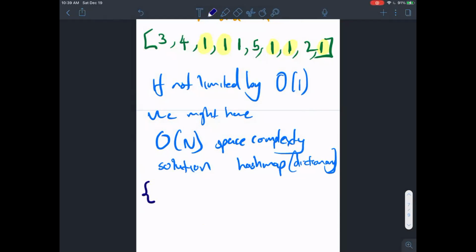As you go through the list, you have 3, and then you have 1, adding to the dictionary with the key being the number. So you would have counted 1 six times, and then 2 once, then 3 once, and then 4 once, and then 5 once.